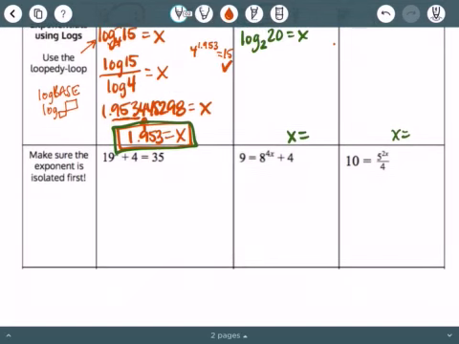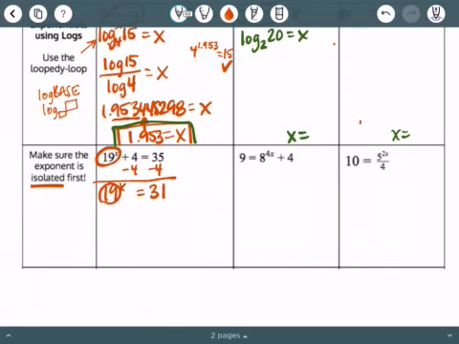So for this next problem, we can see that the exponent is not alone. So we will need to make sure that the exponent term is isolated first. We want this to be by itself. Right now I see that there's a plus 4. So I'm going to subtract 4 on both sides. That's going to leave me with 19 to the x power equals 31. Now I can see that the exponent is alone.